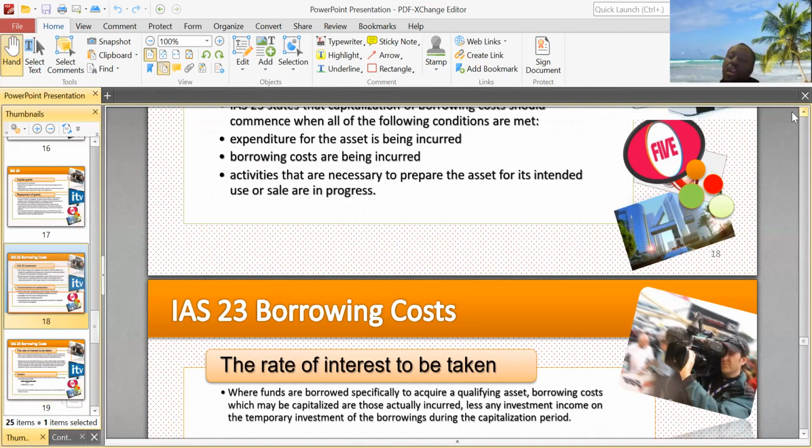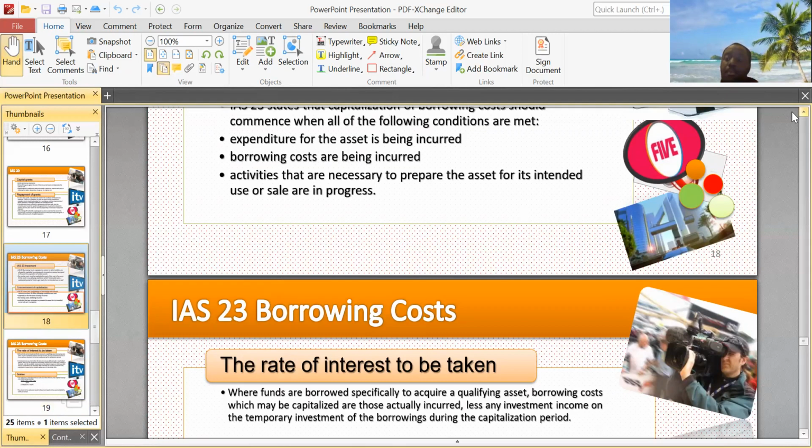So where funds are borrowed specifically to acquire qualifying assets, if you go to a bank to get money and use that money to buy some form of plant or equipment, you use those funds specifically to acquire qualifying assets, then borrowing costs must be capitalized.